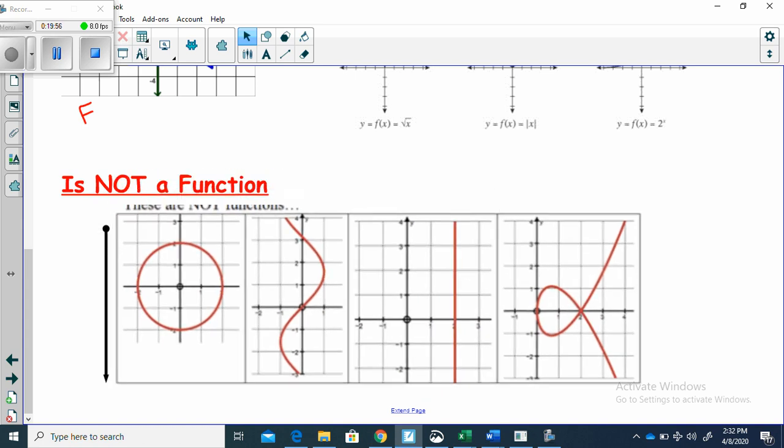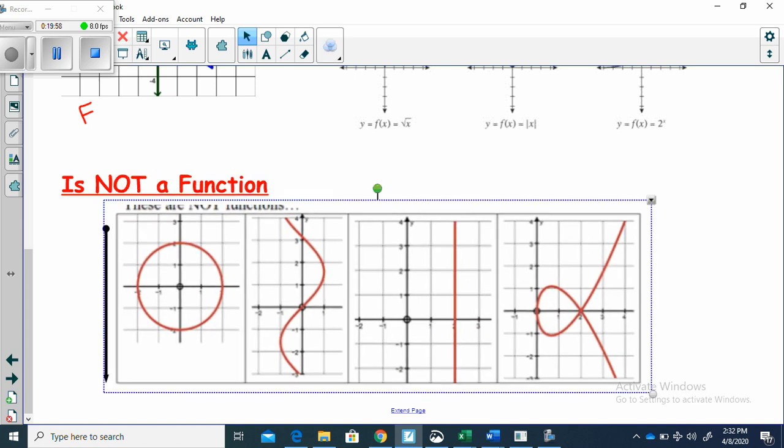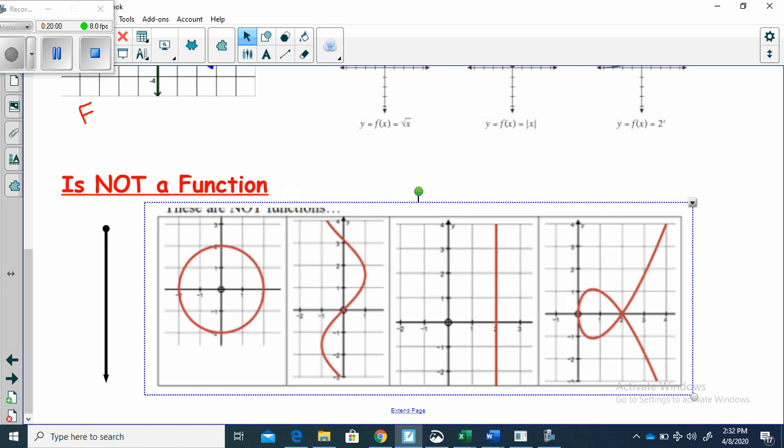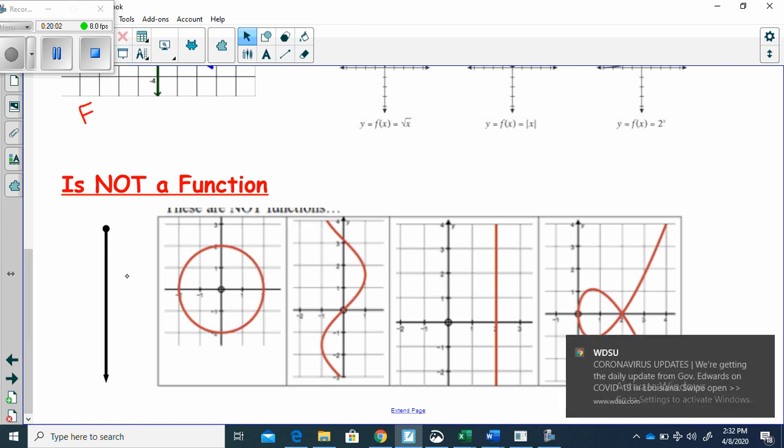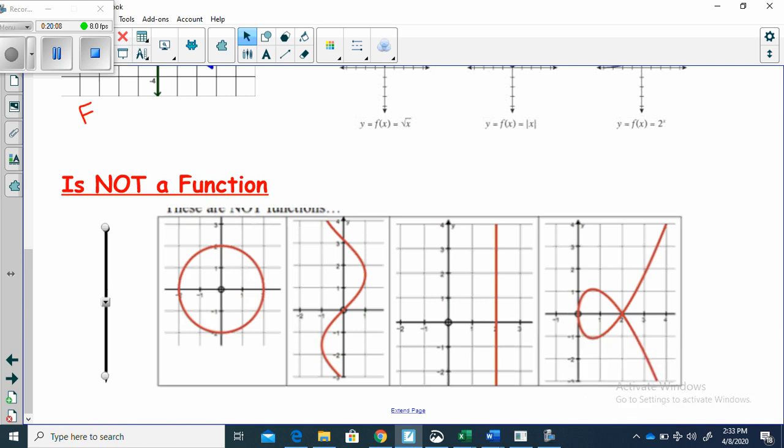See if we can get this to let you see it better. Grab this and bring it over here. In each case, this is touching it at 2 points.